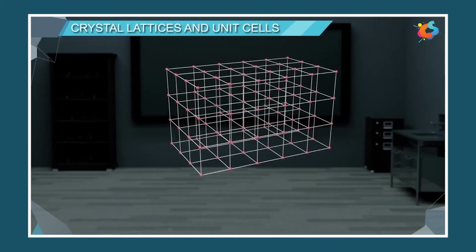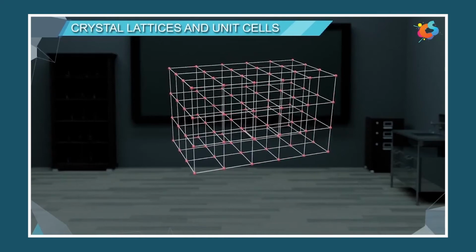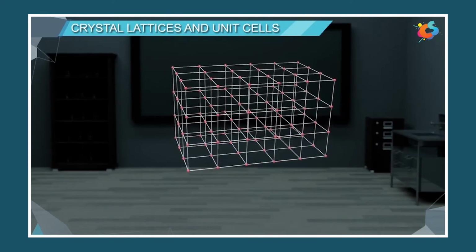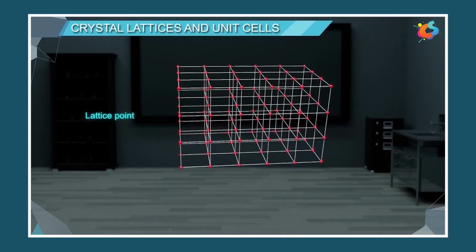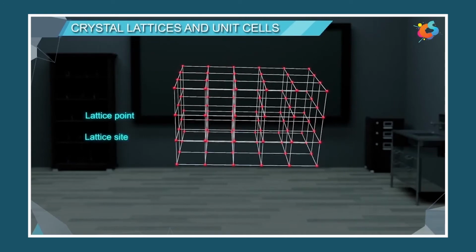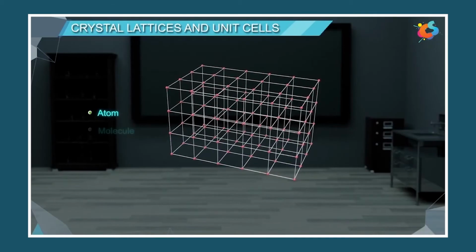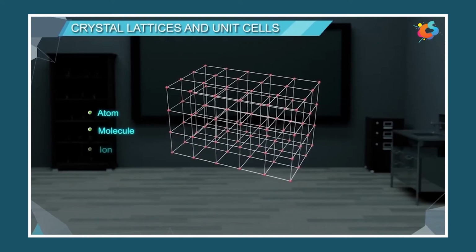Thus, a regular three-dimensional arrangement of points, that is, the constituent particles in space, is called a crystal lattice. The characteristics of a crystal lattice are: each point in a lattice is called a lattice point or lattice site, and each point in a crystal lattice represents one constituent particle, which may be an atom, a molecule or an ion.